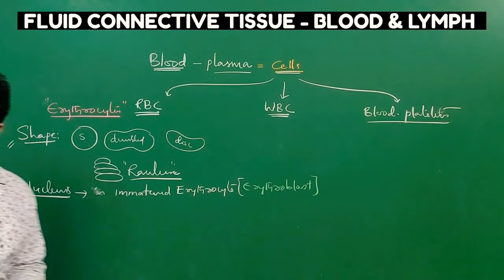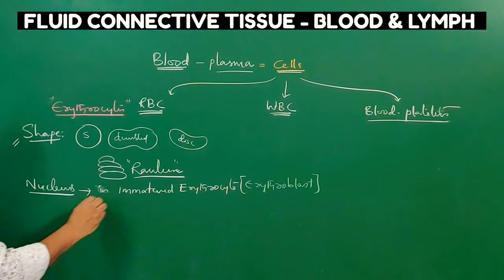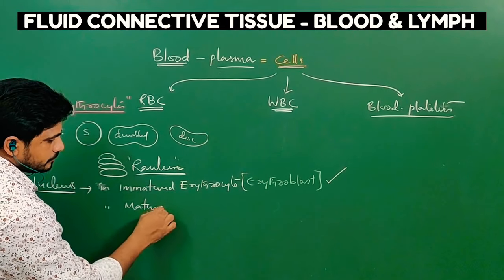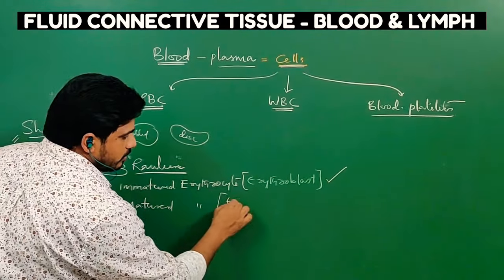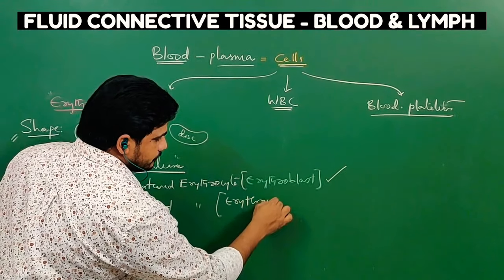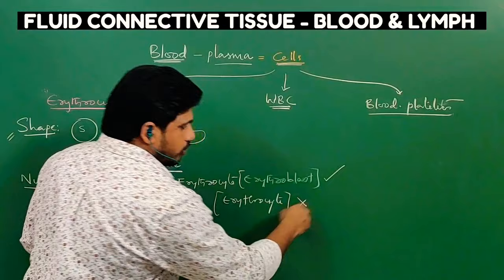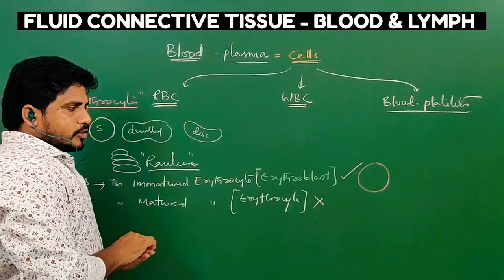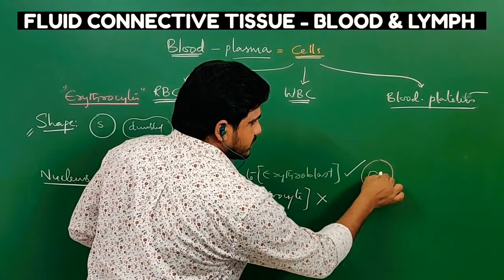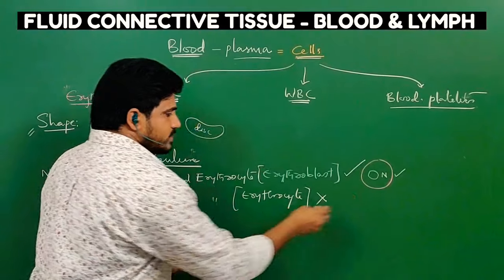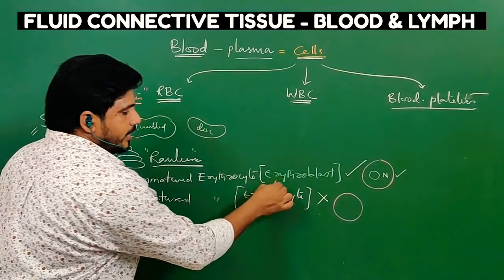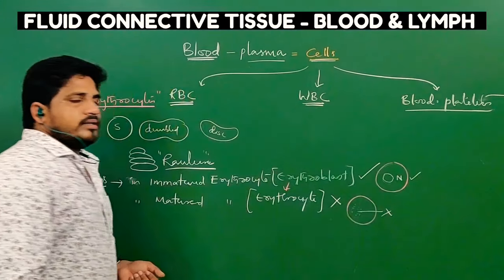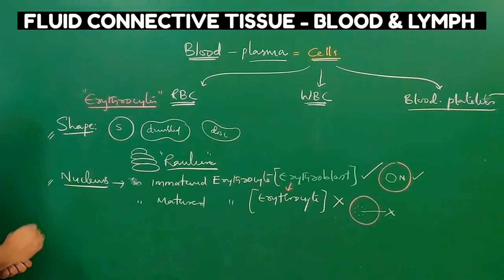Erythroblast is the stage where RBC has a nucleus. When matured, the matured erythrocyte does not have a nucleus. If it is erythroblast, the nucleus is present. Erythroblast becomes erythrocyte in the matured stage, then the nucleus degenerates and is completely absent. So this is the point about the nucleus.